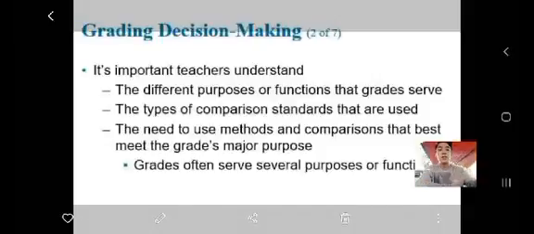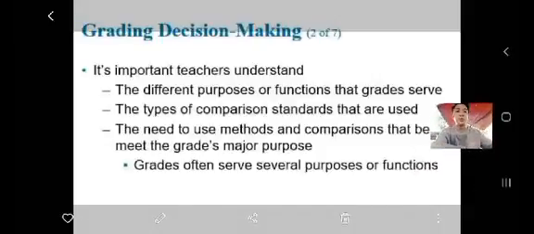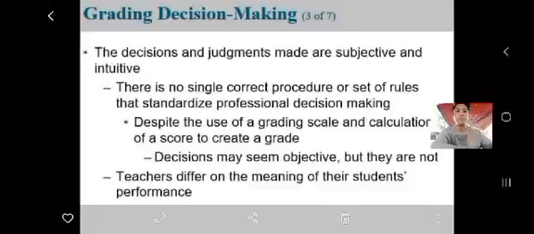For example, grades often serve several purposes or functions. The decisions and judgments made are subjective and intuitive. There is no single correct procedure, or set of rules, that standardizes professional decision making.